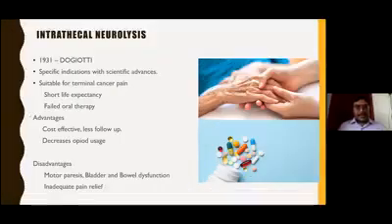However, in the current scenario, there is a subset of patients, like those with carcinoma of lung, breast, and pelvis, who have a short life expectancy, less than 6 months to 1 year, preferably less than 3 months, and whose oral conventional therapy has failed because of side effects or non-compliance. These are the indications for intrathecal neurolysis.